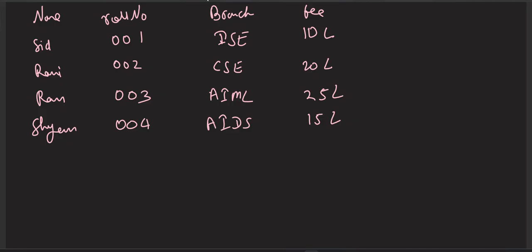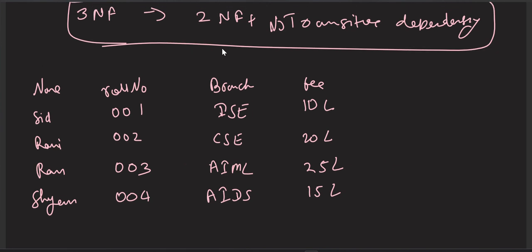So now we have to check whether it is in two normal form or not. Do you remember the condition for the two normal form? Just think about it. What we have discussed in the two normal form lecture. So you are correct.